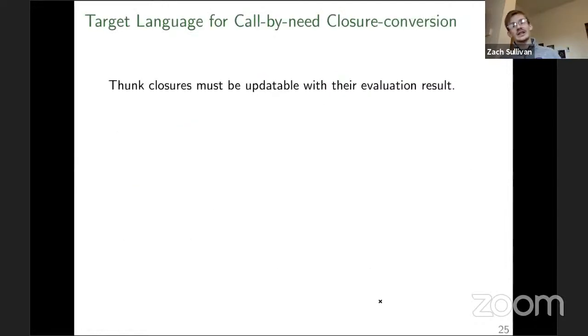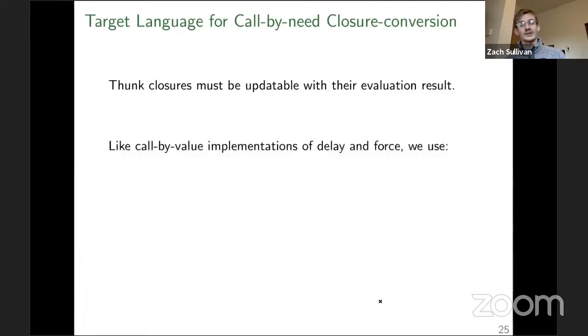The solution is in our target language. We need to replace thunk closures with the result of evaluating them after we do it the first time. And we do this by extending our target language with mutable variables and sum types.